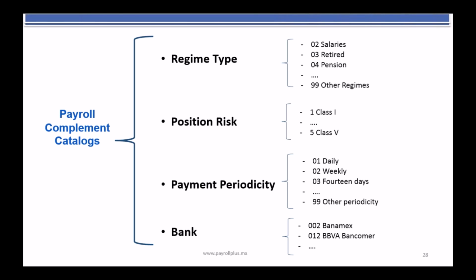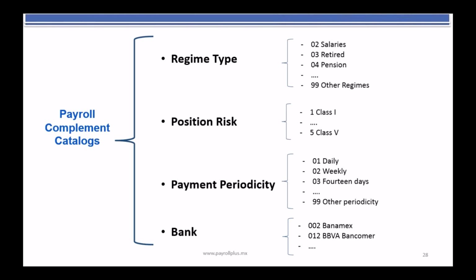It makes no difference, let's say it's a construction company, if it's the secretary or the constructor that is working. This position risk is from class 1, 2, 3 through 5, depending on the activity of the employer and according to what has been registered at the Social Security institution. It means it should be the same type of risk for all the employees in one company.